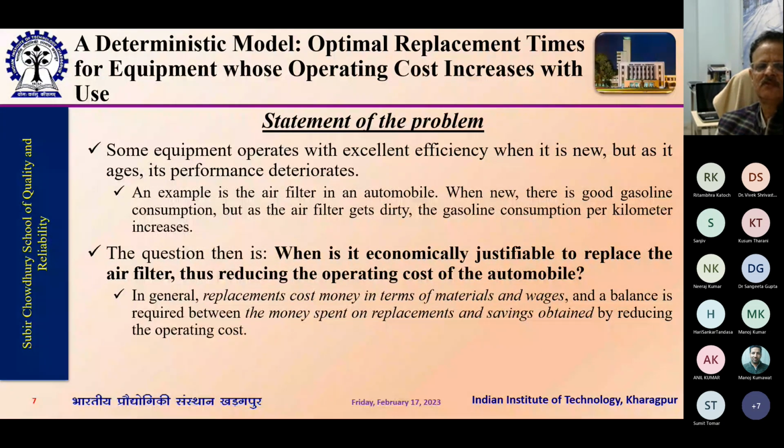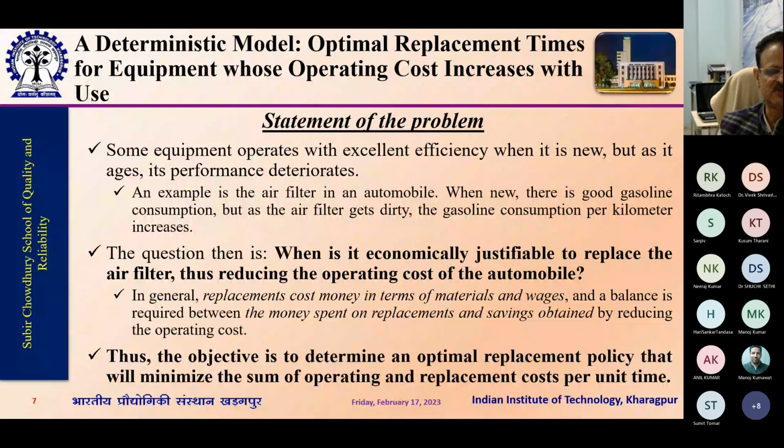So the question becomes: when is it economically justifiable to replace the filter, thus reducing the operating cost of the automobile or any other item? Replacement costs money in terms of materials and wages, and a balance is needed. Time is spent on the replacement, and there are savings obtained by reducing the operating costs. So there are conflicting situations, and we have to optimize at what time they are to be replaced.